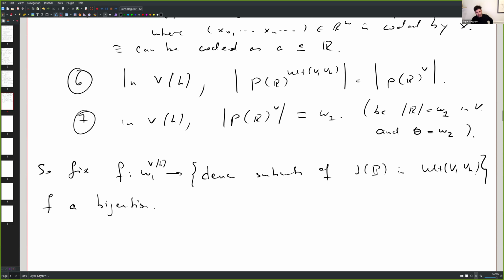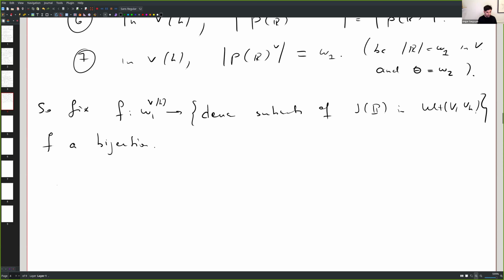Now, another thing that we need to notice, so this is the second important observation, is that the reals of VH and the reals of the ultra power of V by UH are the same.